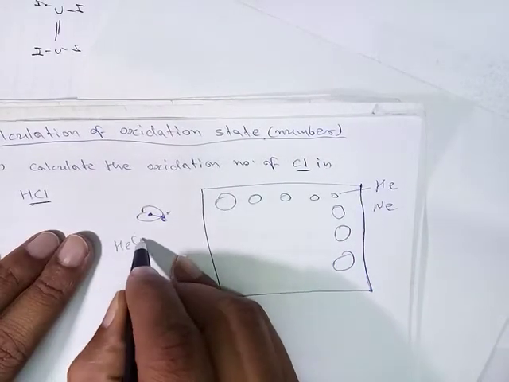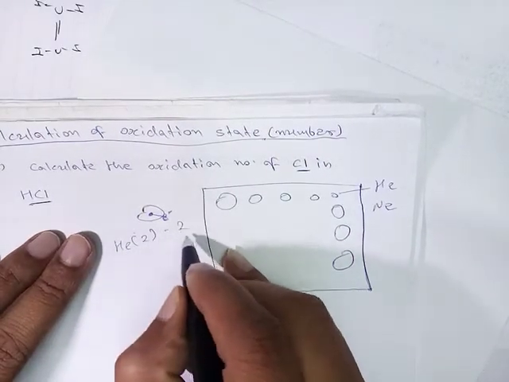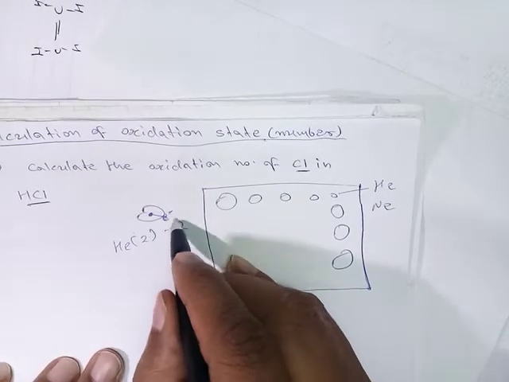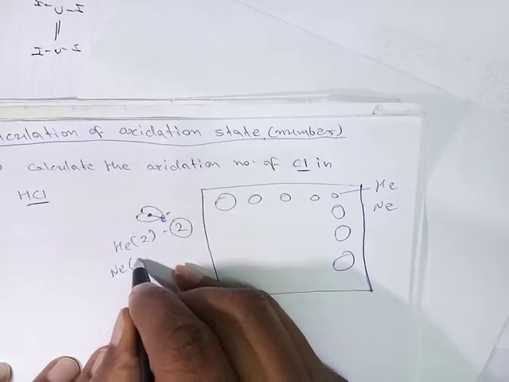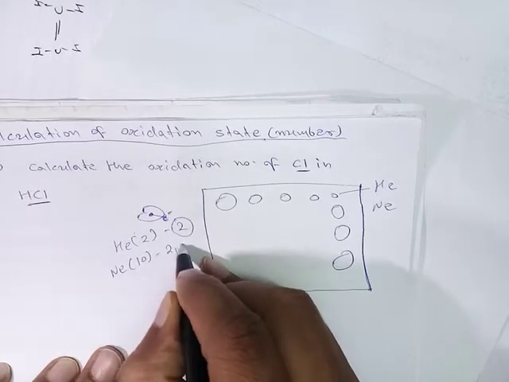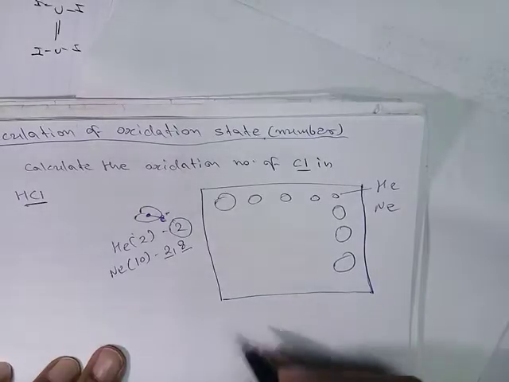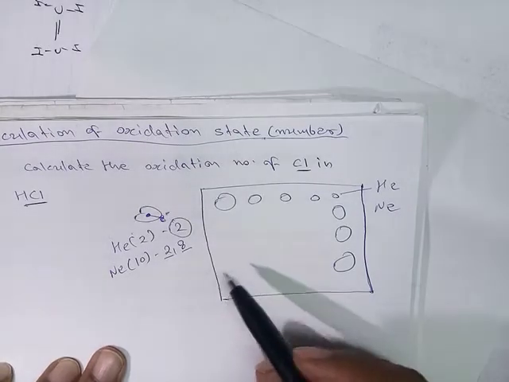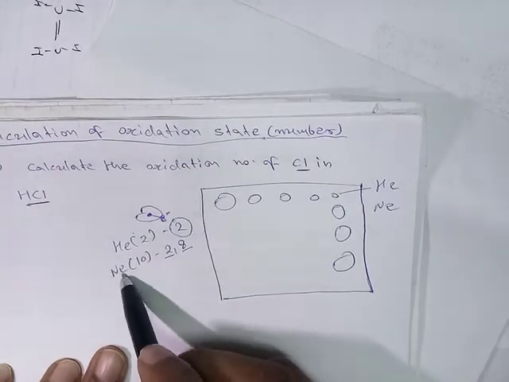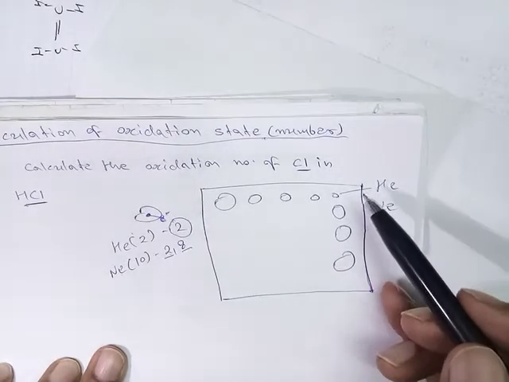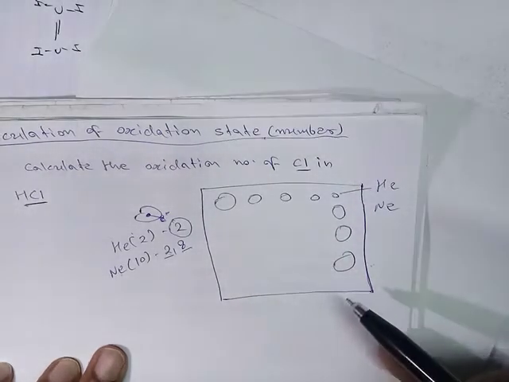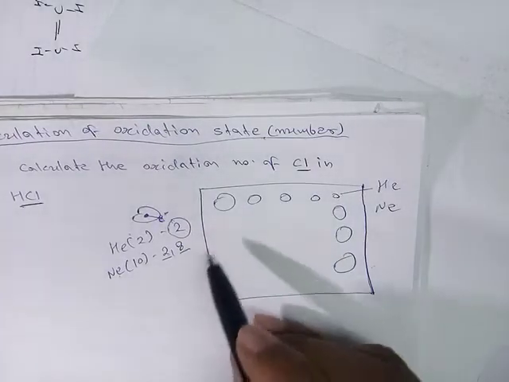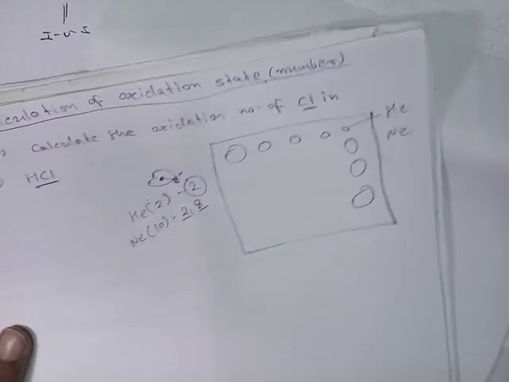Helium's atomic number is 2, so the configuration is 2, meaning the helium atom contains only one shell, but in the case of neon the atomic number is 10, configuration 2, 8. So the number of shells in neon is 2. So when we go from top to bottom in the group, the size of the atom increases due to the addition of an extra shell.